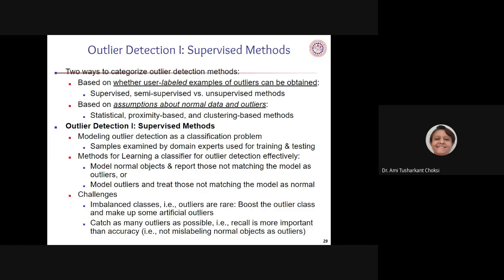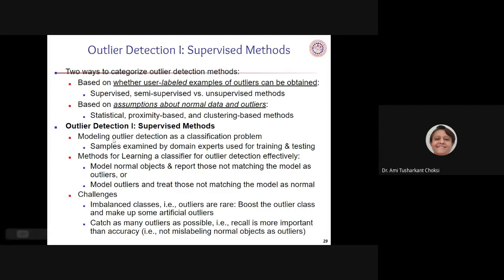So let us say a person in your class is irregular, not submitting things properly. Then that person is an outlier, assuming all the others are sincere students. That is an example of an outlier.